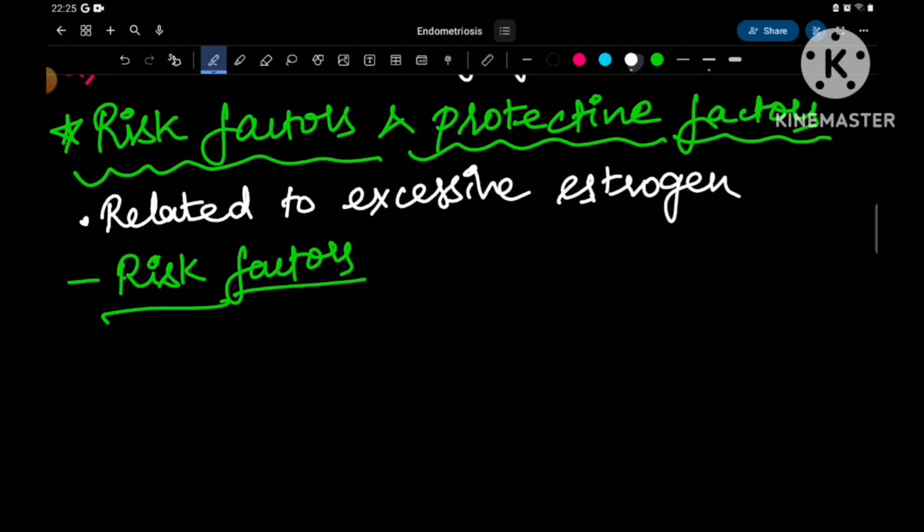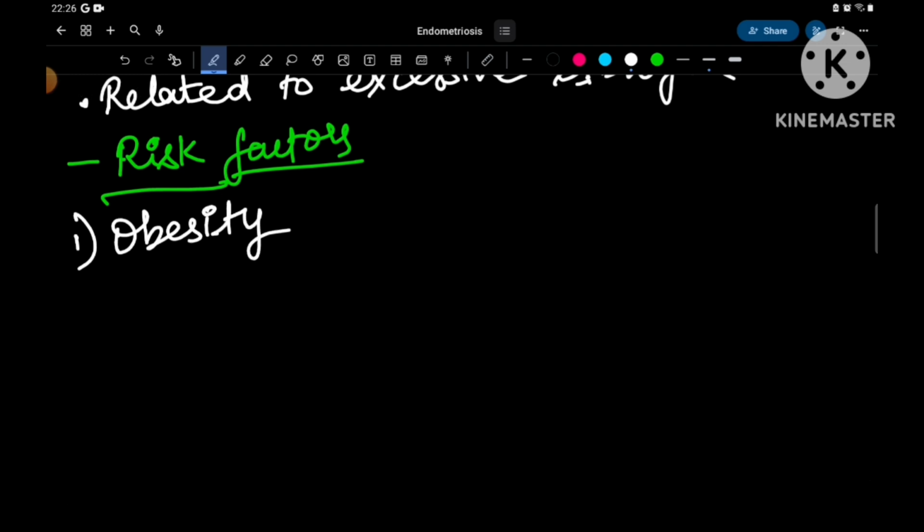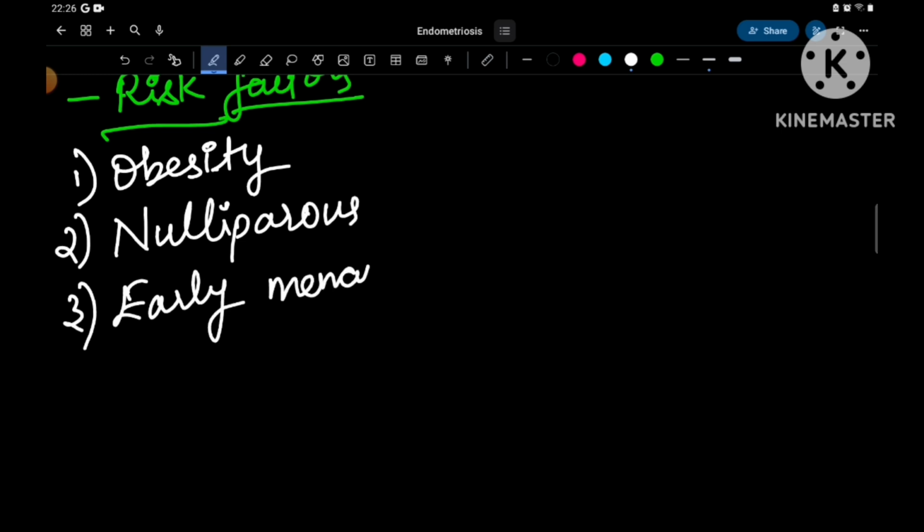First is obesity. Right, guys? Second one is nulliparity. So if the female hasn't conceived, she is nulliparous. So nulliparous is a risk factor. Third is early menarche and late menopause.